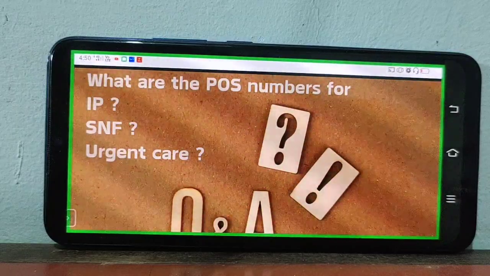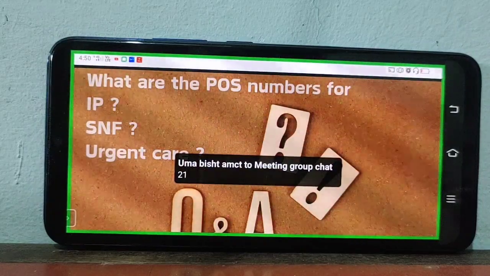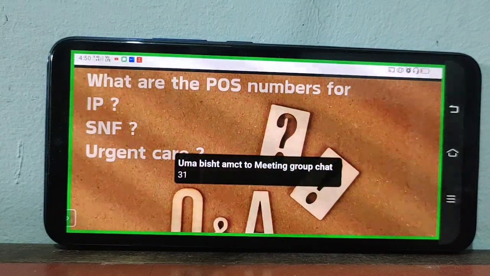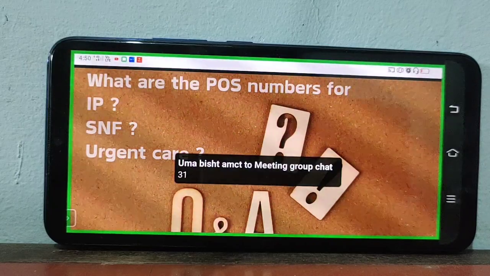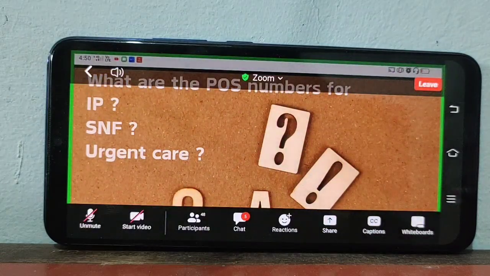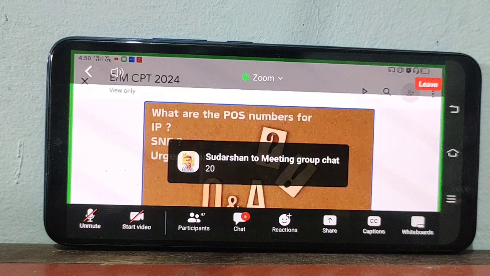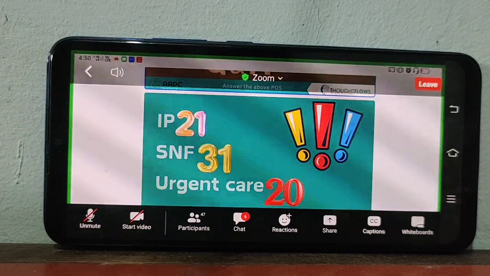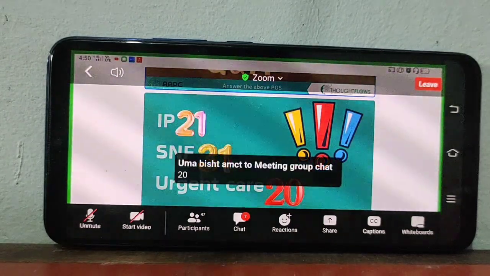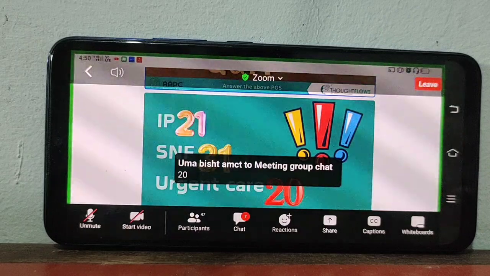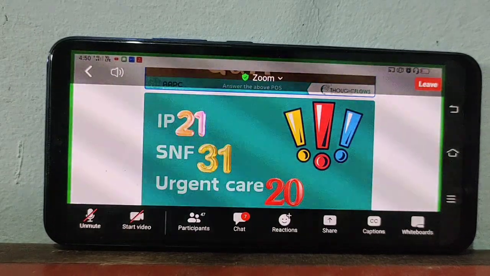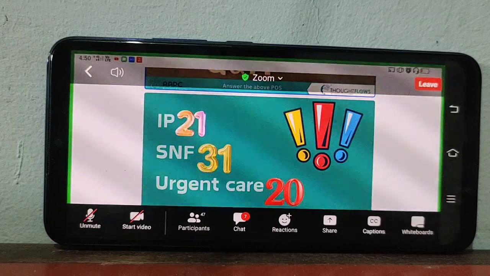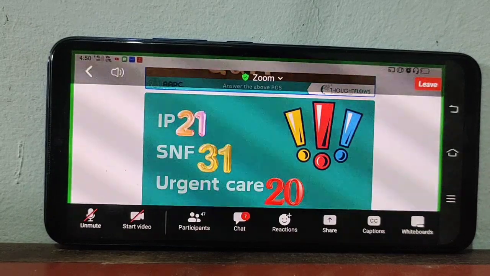Urgent care, 20. This is correct: IP is 21, SNF is 31, urgent care is 20. This is the code of place of service. You can see the table on the first page.